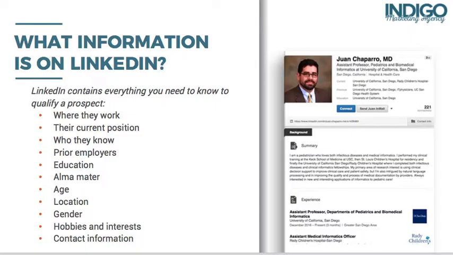It contains everything you would need to know to qualify a prospect: where they work, their current position, who they know, where they used to work, where they might have a 401k to roll over from, or maybe stock options that they might want to find a solution for, their education, where they went to college, how old they are, their location, gender, hobbies, interests. All of this information is on their LinkedIn profile, and it's searchable. And so it's very easy to find people who fit your target demographic by using LinkedIn.